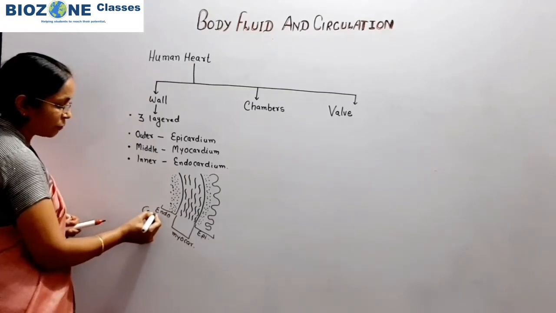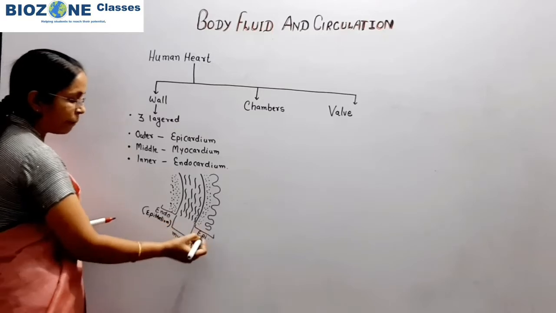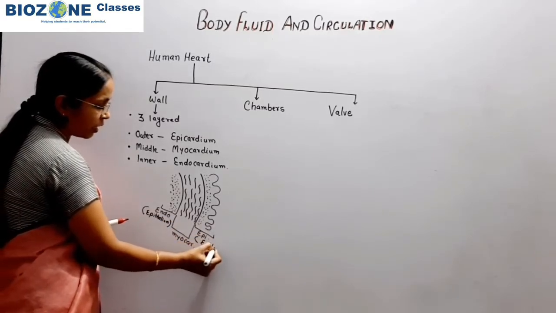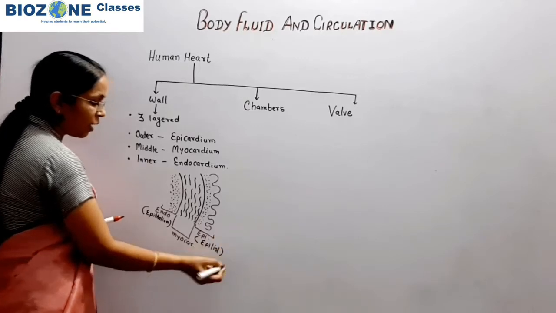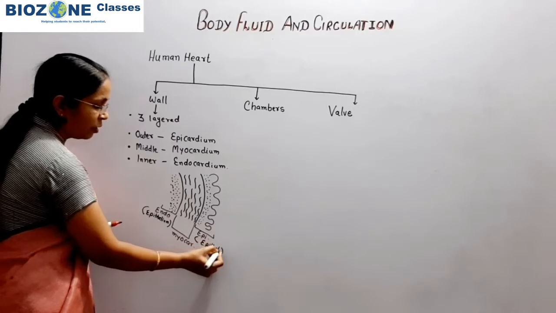Endocardium you remember is made up of epithelium tissue, and epicardium is also made up of epithelial cells or epithelial lining. So it is also made up of epithelium.